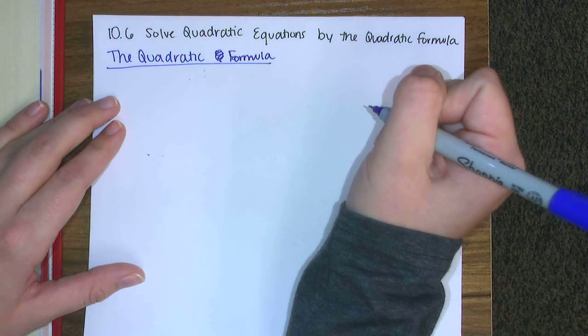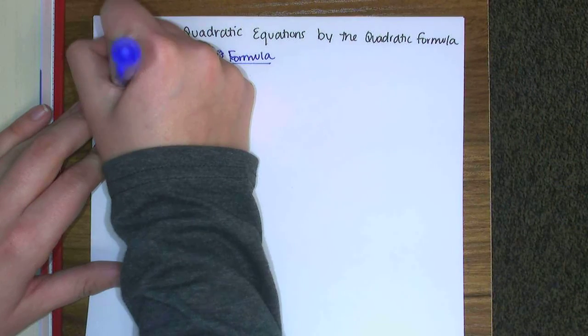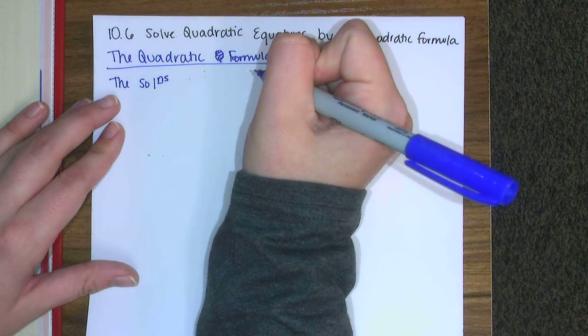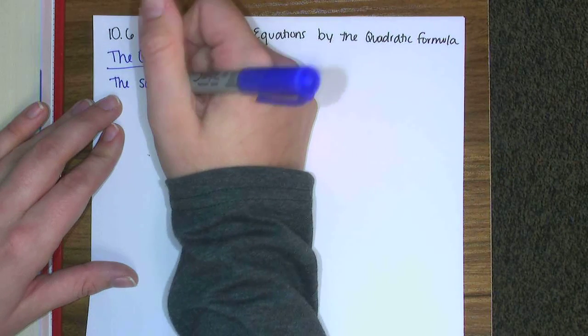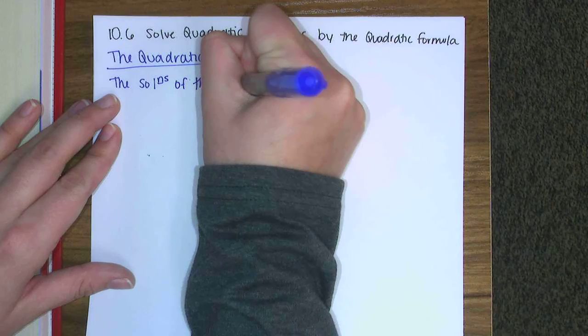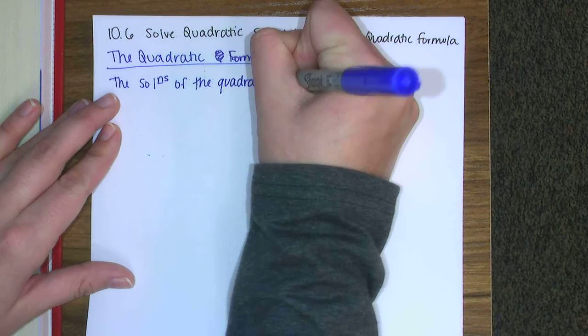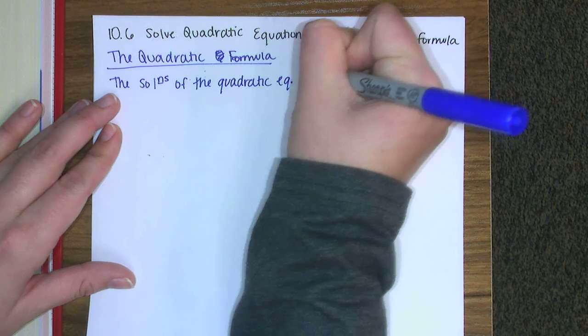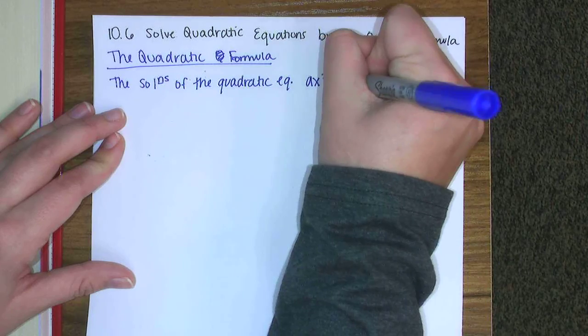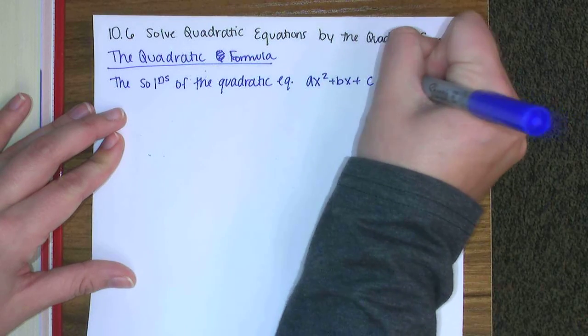With this, the solutions, SOLNS, just as a reminder, that means solutions, of the quadratic equation, and remember EQ is equation, ax squared plus bx plus c is equal to 0.